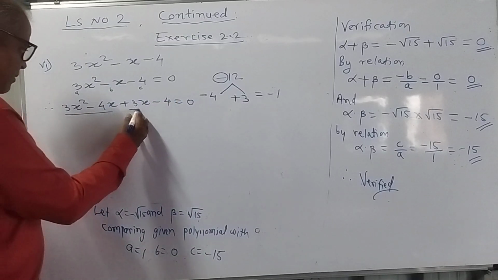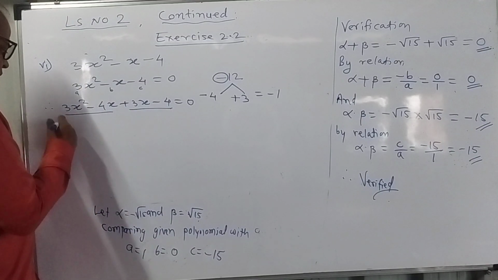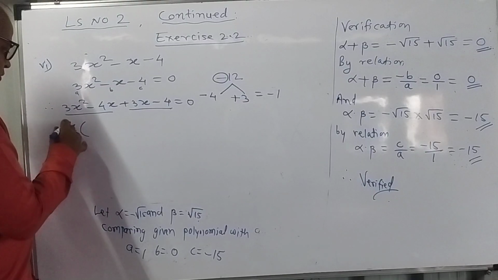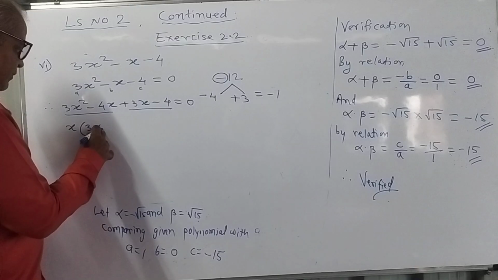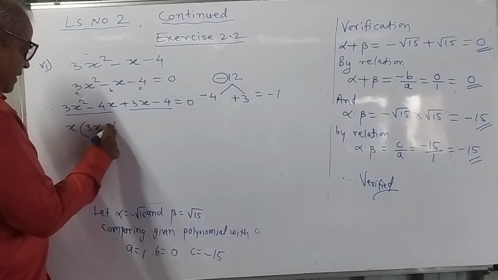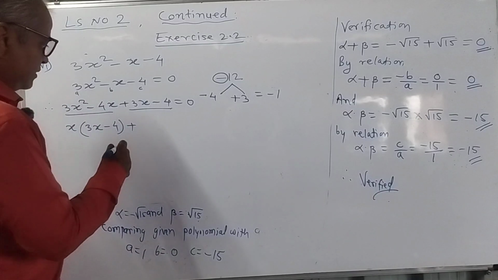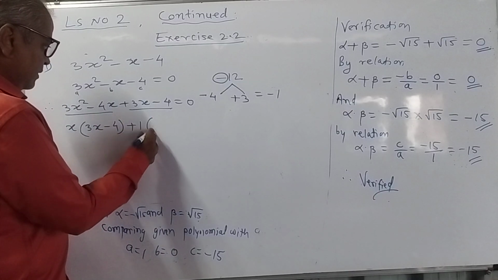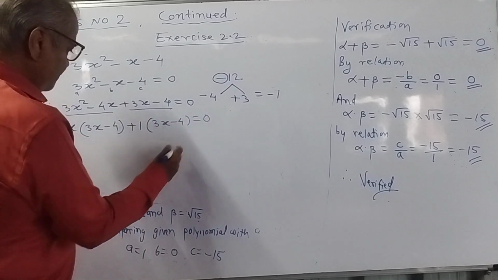Take the common. Here there is no common between 3 and 4, only x is the common. So whatever is the balance, 3x square madhun x common, 3x and minus only 4 is remaining. Here there is no common, so take one common with along with plus sign, and 3x minus 4 is equals to 0.